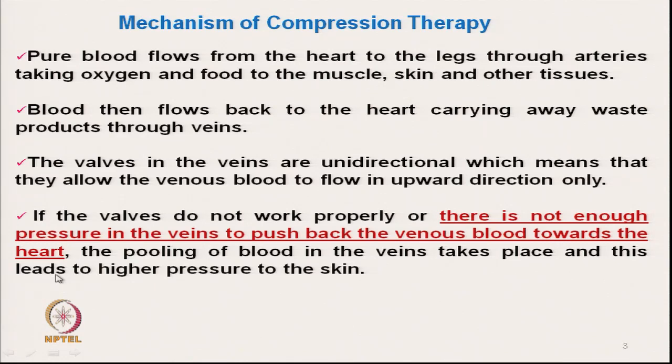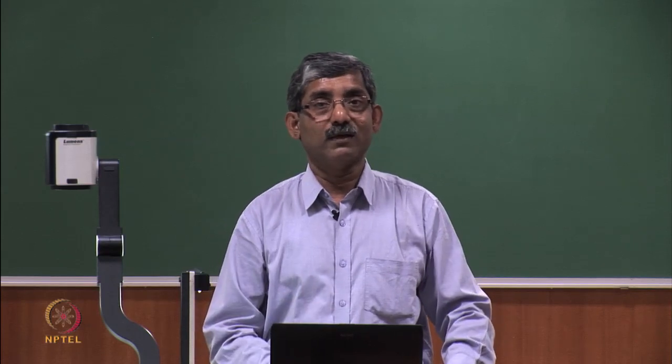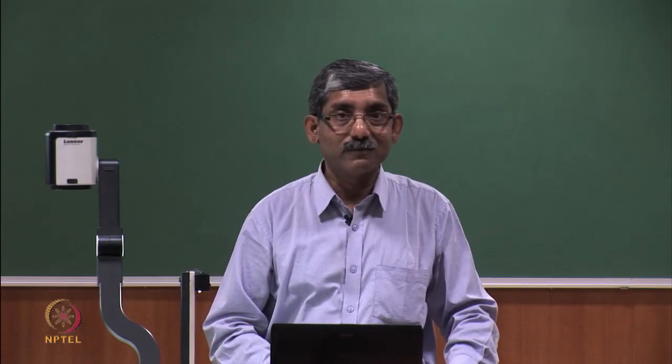So, there may be two situations. One is that the valve does not work properly, or there is not enough pressure. In that case, what will happen? The pooling of blood in the veins takes place, and this leads to high pressure in the skin. This happens particularly in the lower part of the body, mainly in the leg zone.